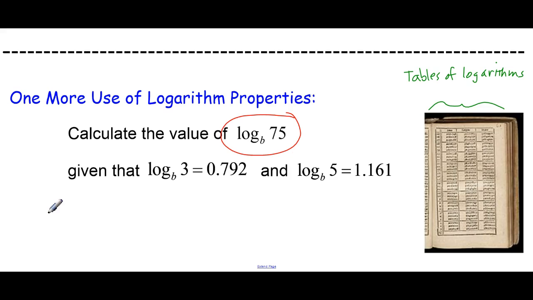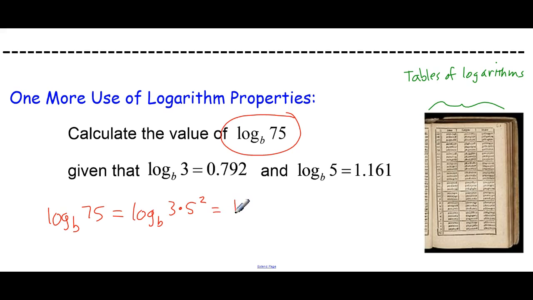What you would be expected to do is take the 75 and break it up into a product. In particular, if you were to factor out 75, you would get 3 times 5 squared, and you would be expected to do logarithm expanding.